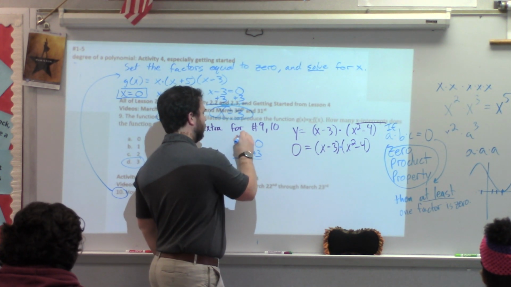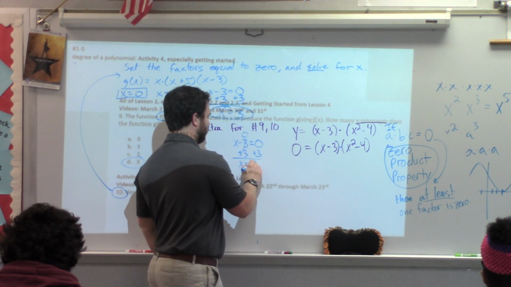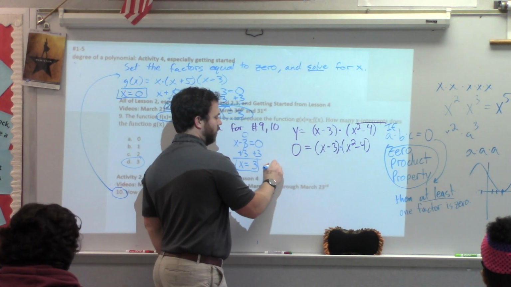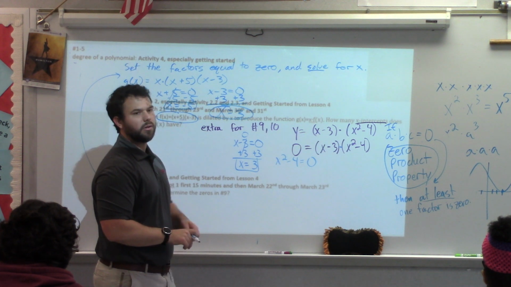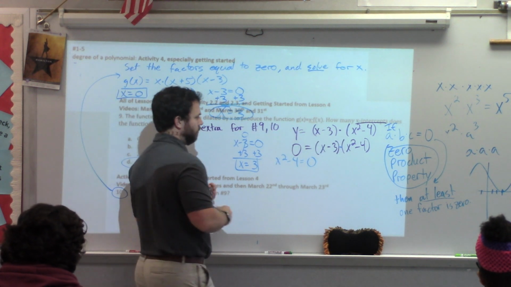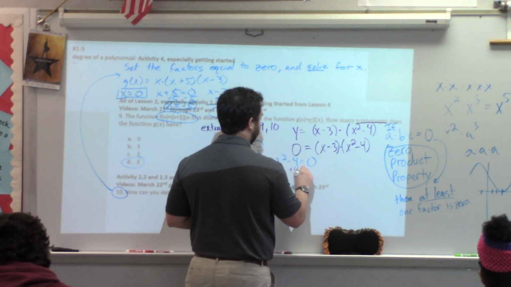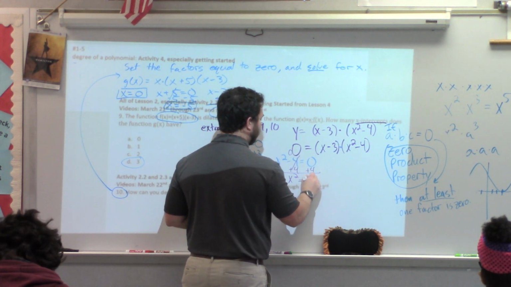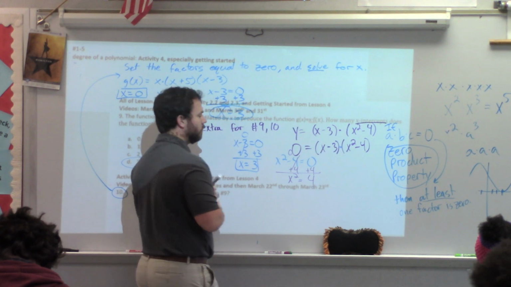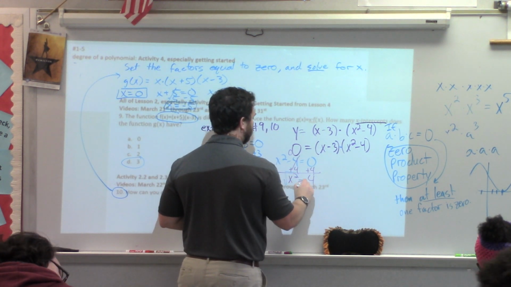Boom, done. Well then, also x squared minus 4 is equal to 0. What would I do to solve this? Plus 4 on both sides. Create that 0 there. x squared equals 4. And then square root. So what does x equal?